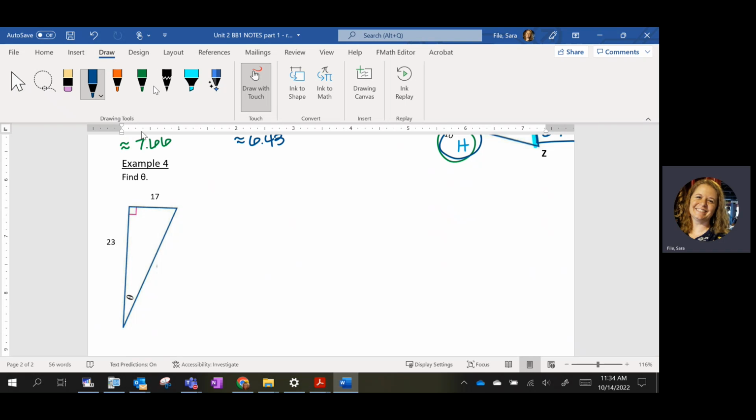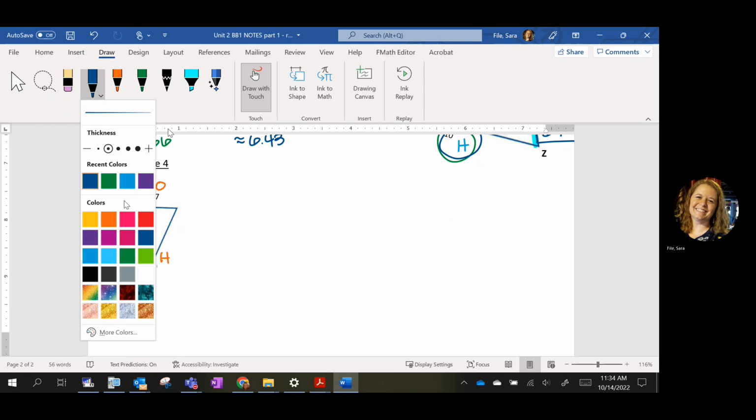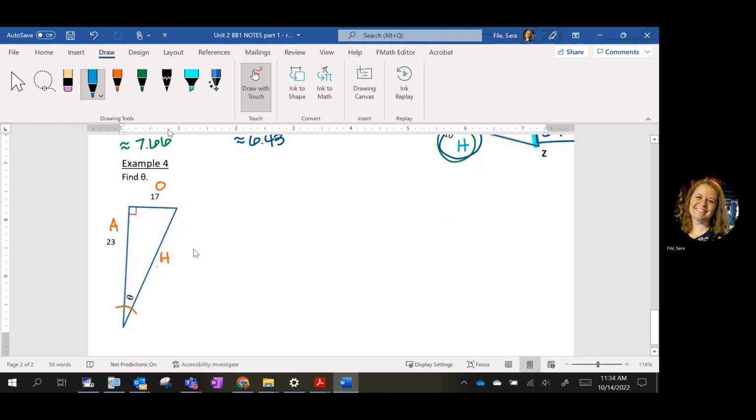All right, last but not least, I am now looking for a missing angle. So they don't tell us theta, they give us two sides and ask us to find theta. So if I label O, A, and H here, what trig function should I use to solve this one? What do you think? Say again?